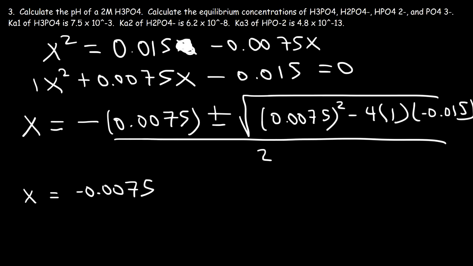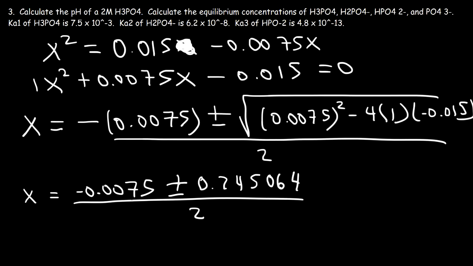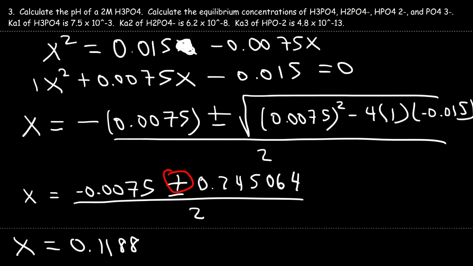And if we take the square root of that number, it's going to be plus or minus 0.245064 divided by 2. Now I'm going to use the positive sign because I don't want a negative x value. So negative 0.0075 plus 0.245064 divided by 2 will give us an x value of 0.1188. The other x value that we had was 0.1225, so a small difference, but still significant.